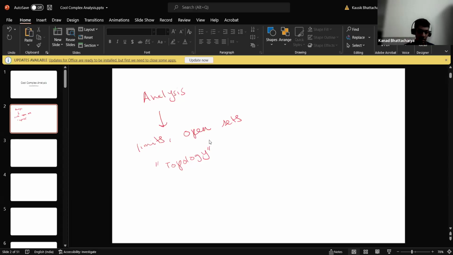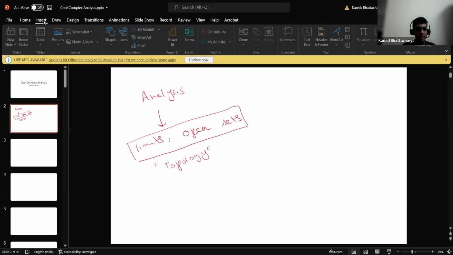We need to have the setup in order to be able to work and think about the interesting things properly and truly capture the behavior of things. So I shall begin with the spirit of analysis, which is with these two definitions, limits and open sets basically.